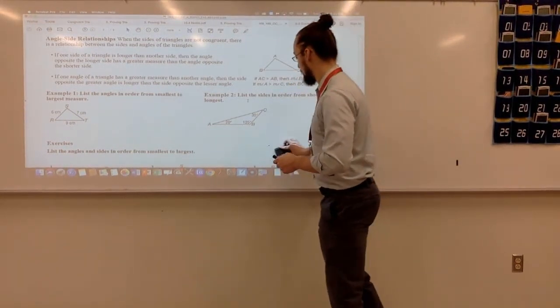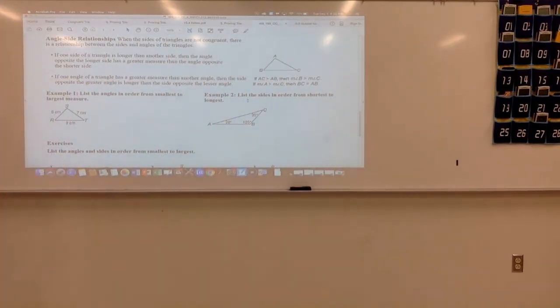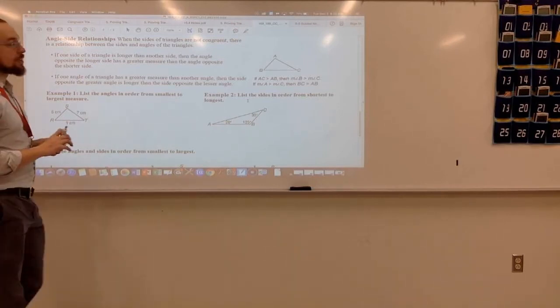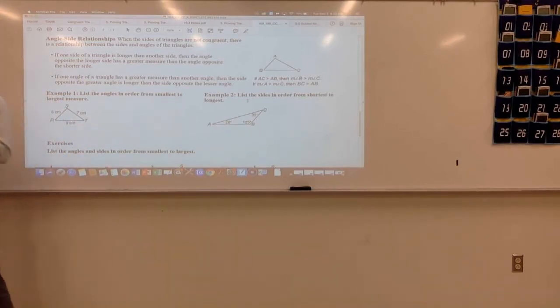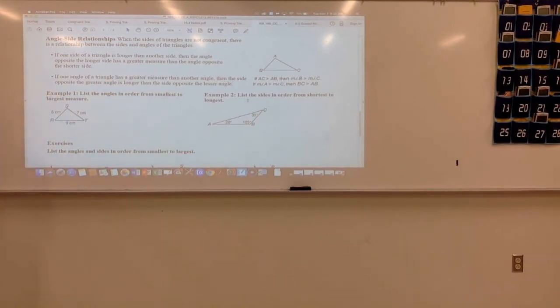we just have a property that relates the angles and the sides of a triangle. It basically just says that the longest side has to be opposite the largest angle, and the smallest side has to be opposite the smallest angle.